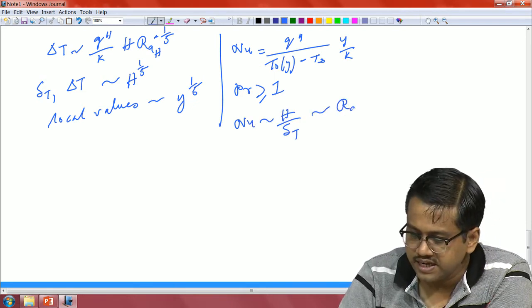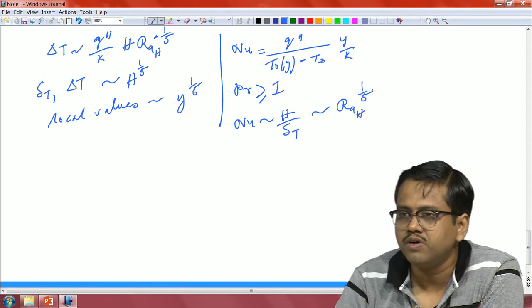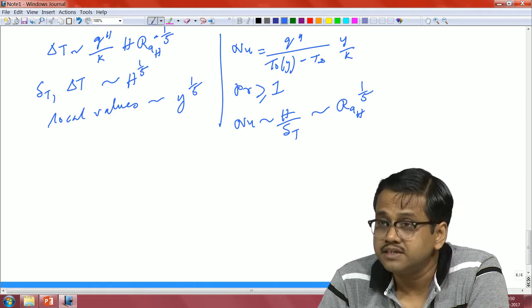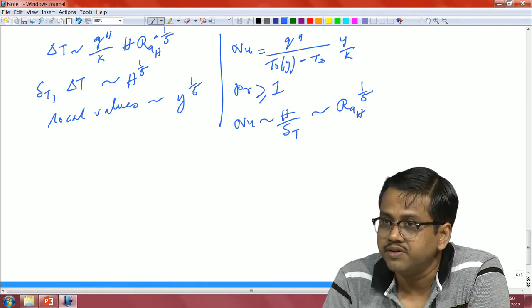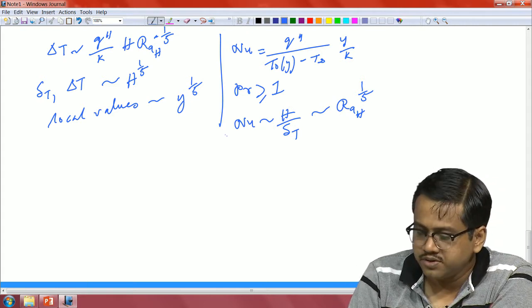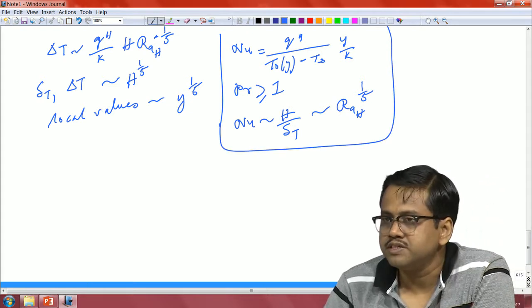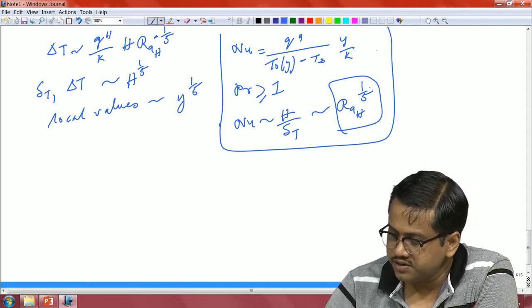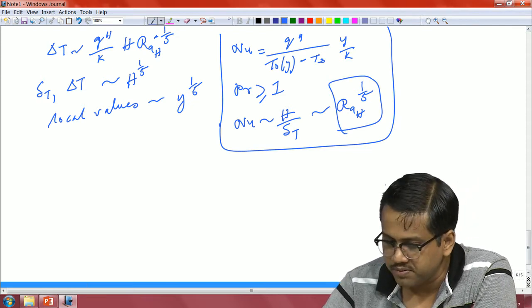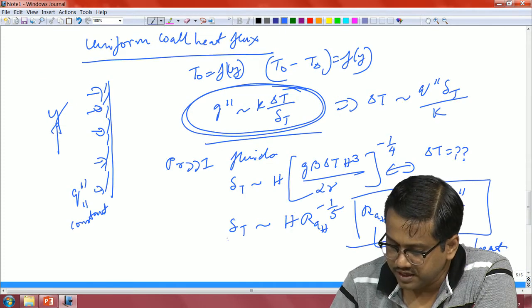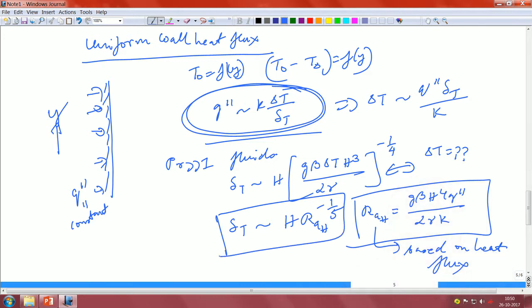So, it scales as Rayleigh number to the power of 1/5 roughly, right, because your delta T scales like that. So, naturally it will be Rayleigh number to the power of 1/5. Got it. So, this part should be very self obvious. So, Nusselt number is like that, and if you recall the other two parameters, that means delta T is that, right.